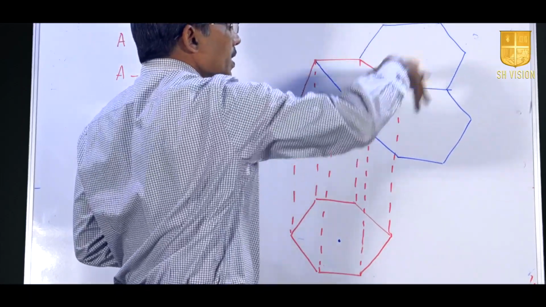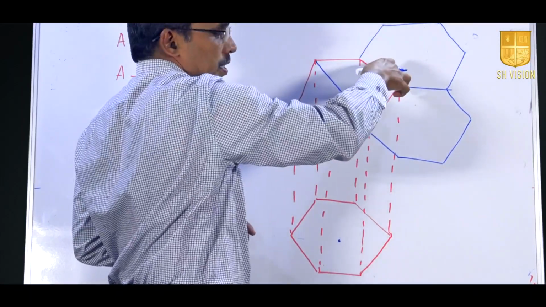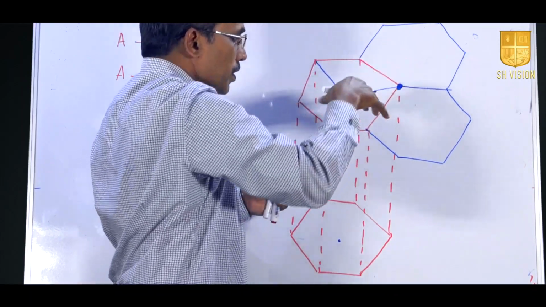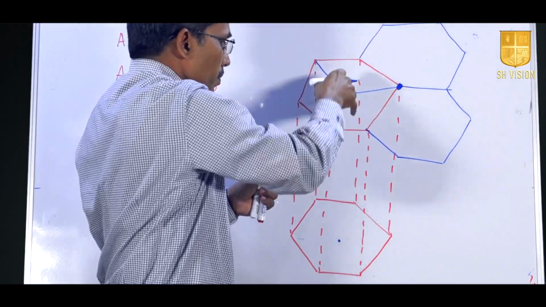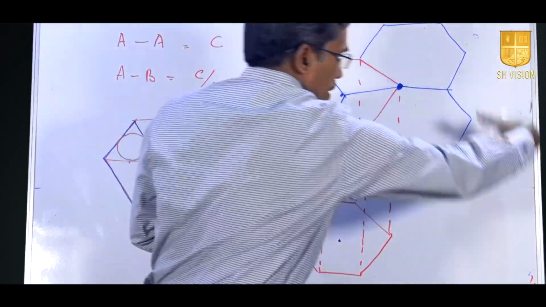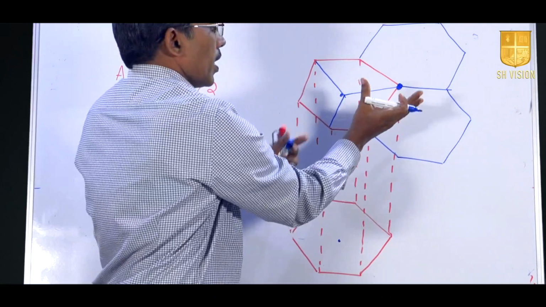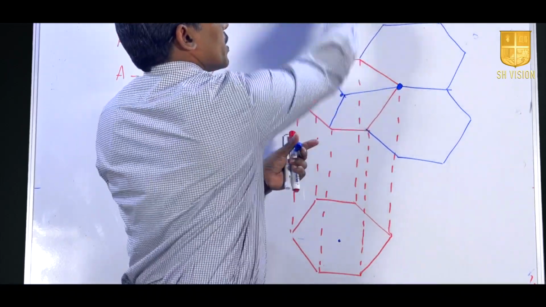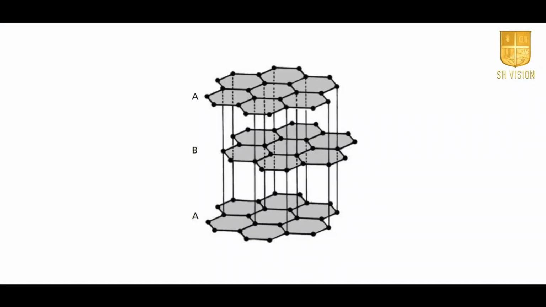So, total 6 unit cells are coming at this point. We have got 1 here and 1 below, and at the same time 3 upward. So, this particular point is in contact with 6 unit cells, therefore only 1/6 will be available in one particular unit cell.